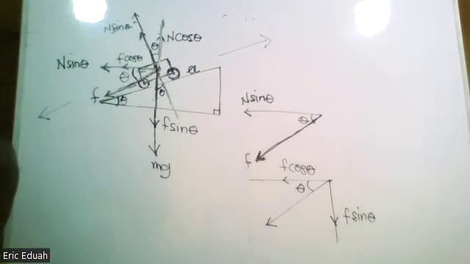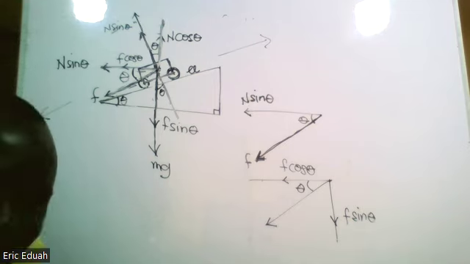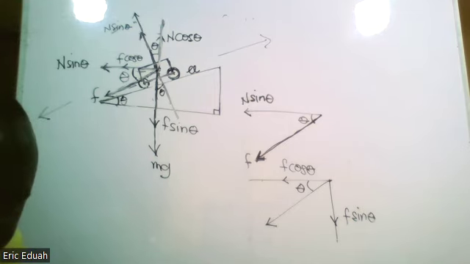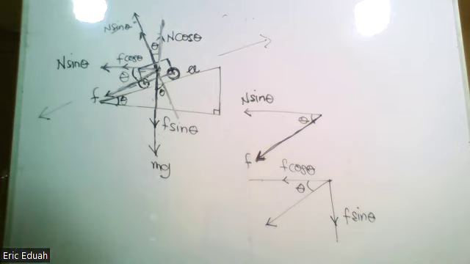One is due to the banking angle theta, and the other one is due to friction. N sin theta is due to the banking angle theta, and F cos theta is due to the frictional force acting at an angle. Okay. Sir, please, I get it now.